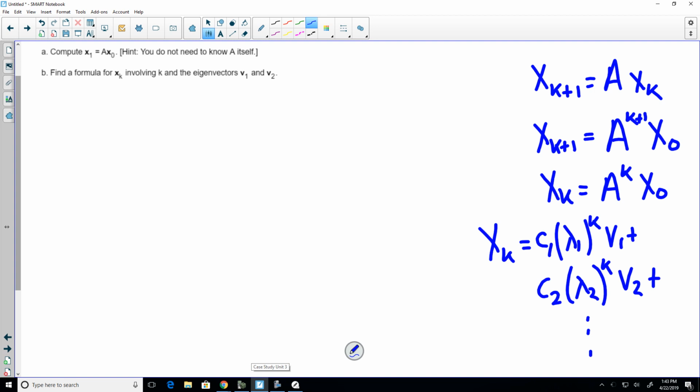So lambdas are the eigenvalues and the v's are the eigenvectors. Okay. We covered this a long time ago, so I know that may not be fresh, but we covered it at the end of 5.2 maybe. We did an example.